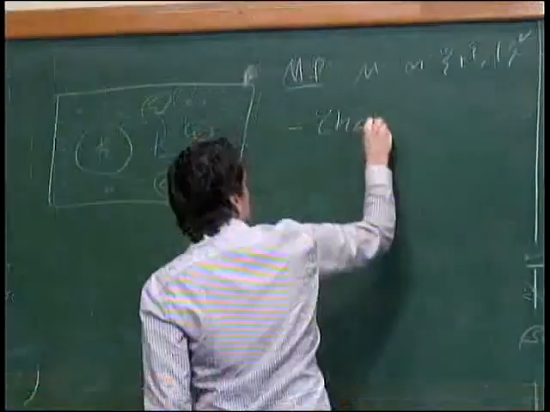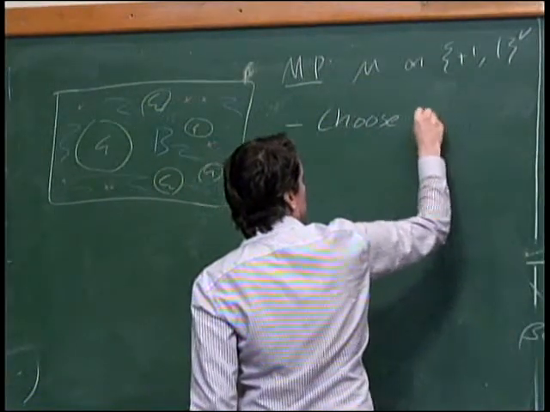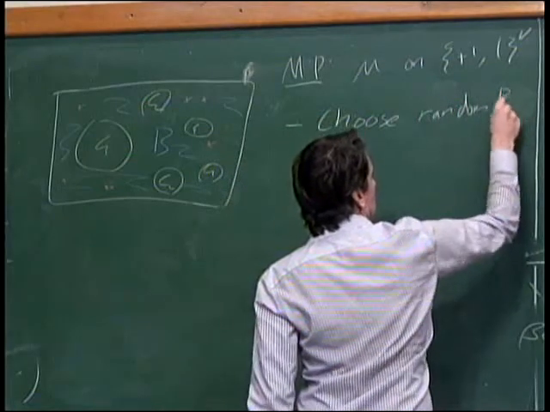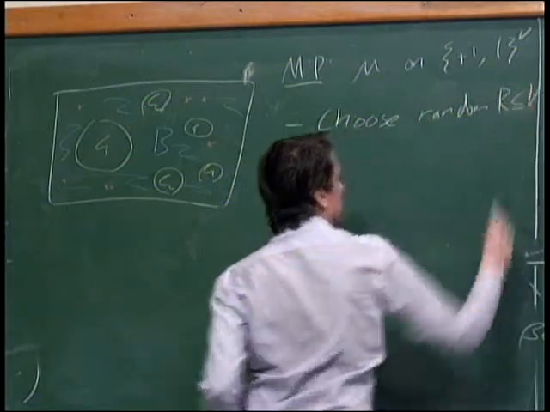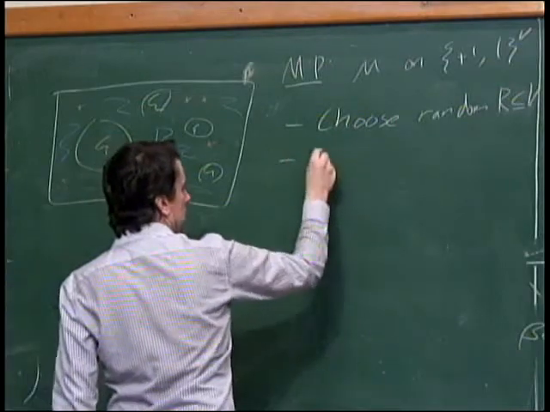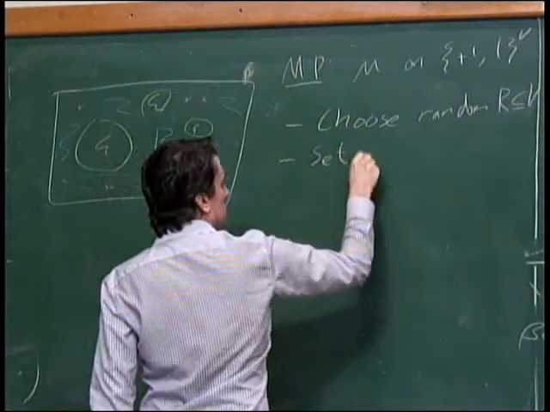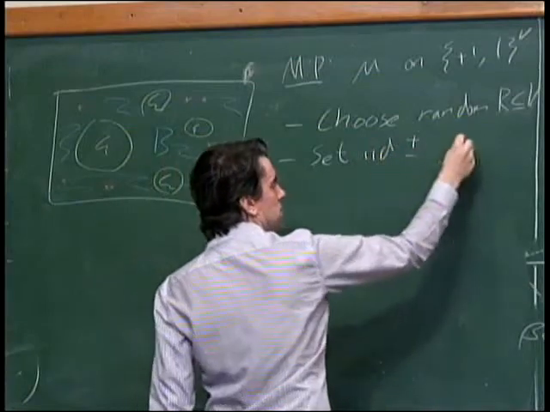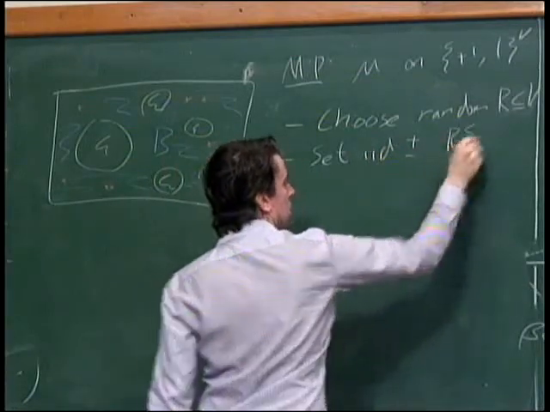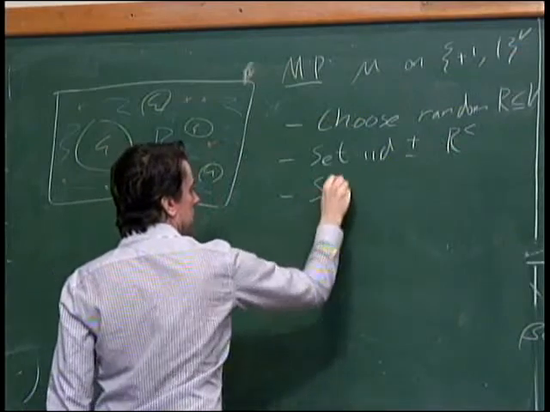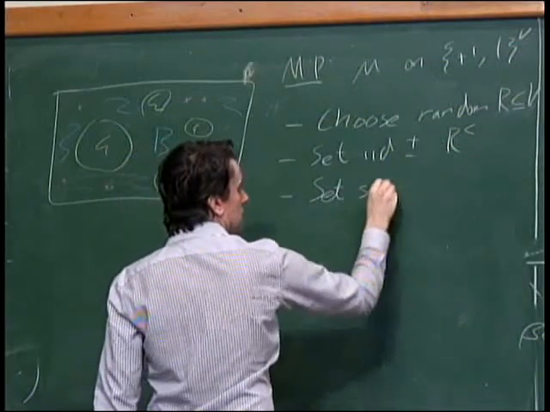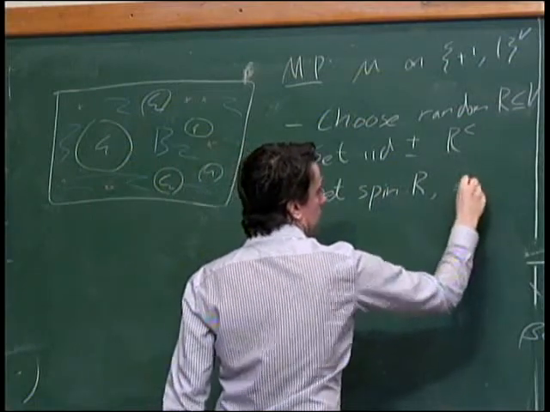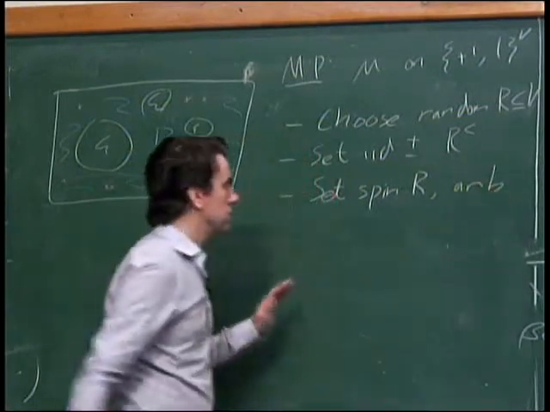We choose some random set R, which will be a subset of the vertices, and we put IID plus minuses on the complement of R and set the spins of R sort of arbitrarily.